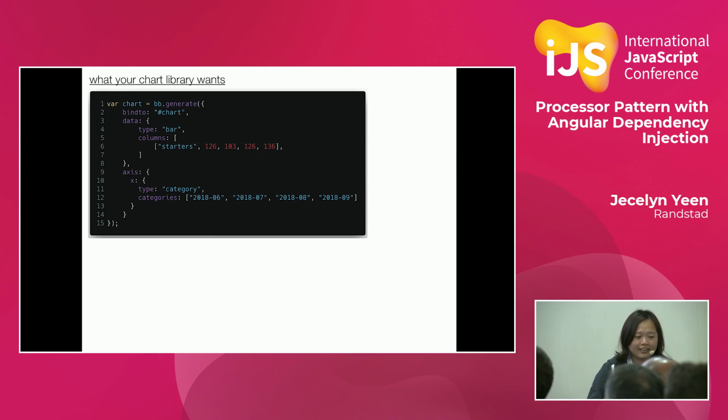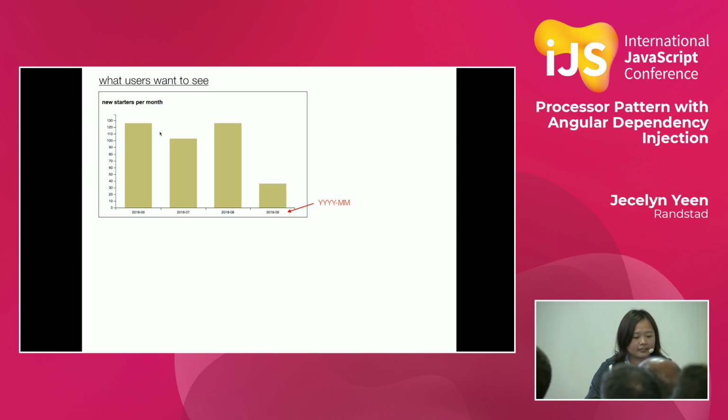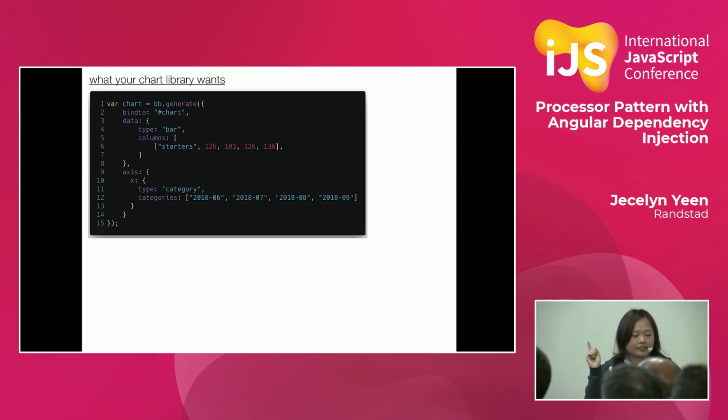And furthermore, your chart library actually wants a different format. If you have been using Chart.js or D3 before, this probably looks familiar. In order to generate the bar chart just now, this is how the chart library wants the data to be.